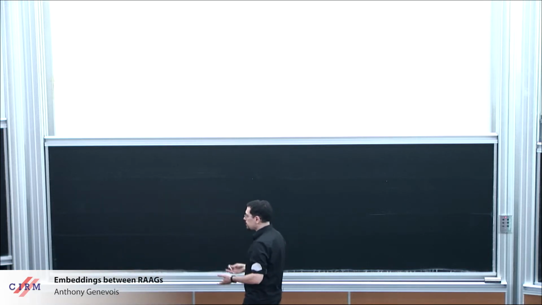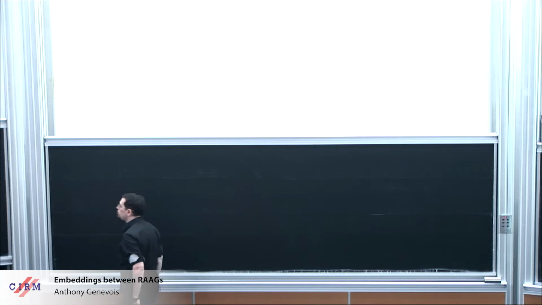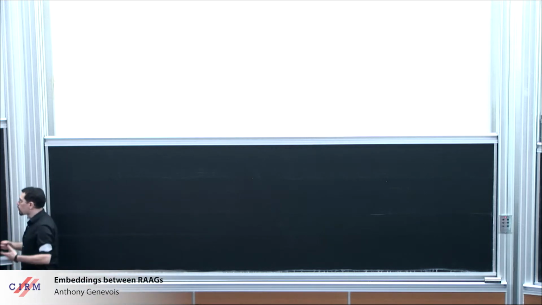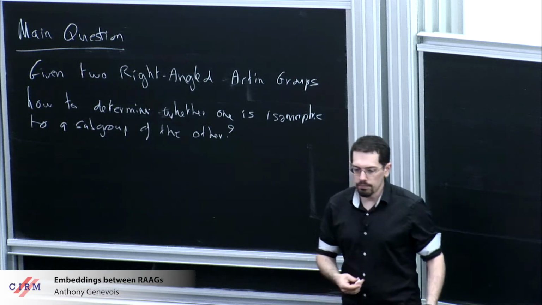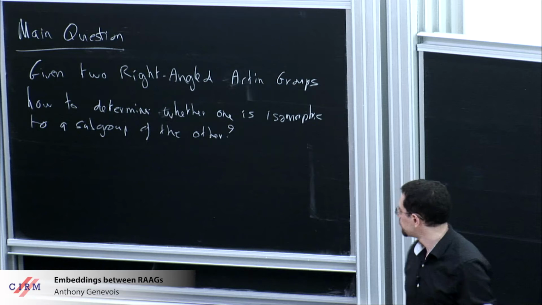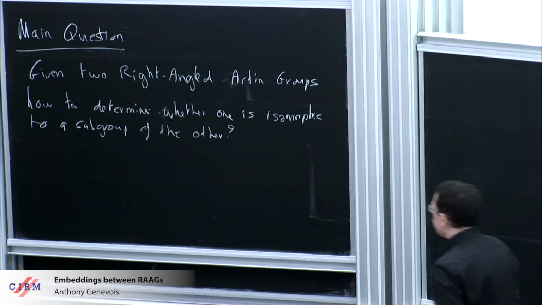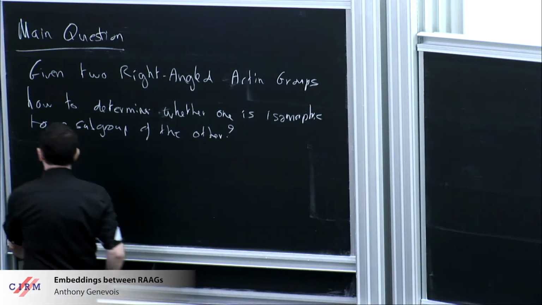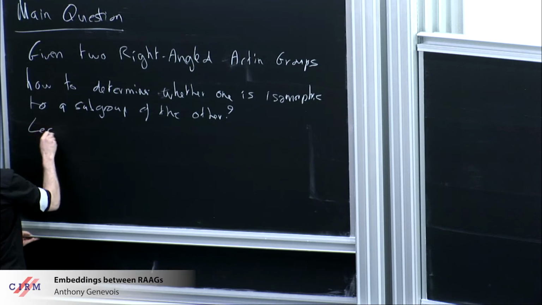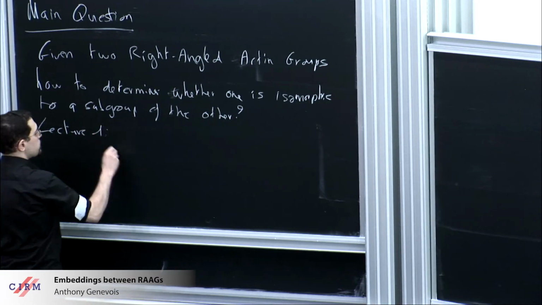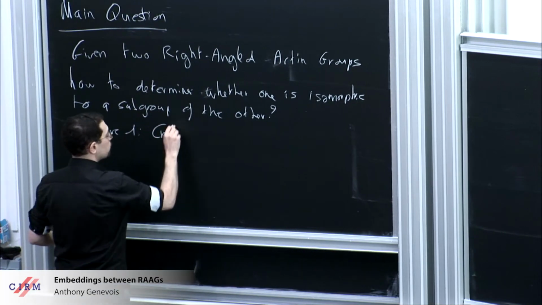And so in this mini course, the goal will be to describe some geometric framework to find at least some positive answers to this question. So the plan is the following. The first lecture today is a crash course on RAAGs.